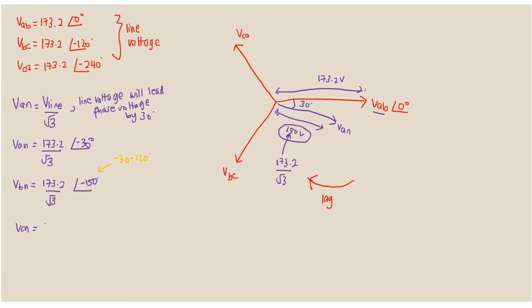VCN is again 173.2 divided by square root of 3, which is 100, and the angle is negative 30 minus 240, so you get negative 270. Okay, all right. So let's draw the phasor diagram for the phase voltage now.